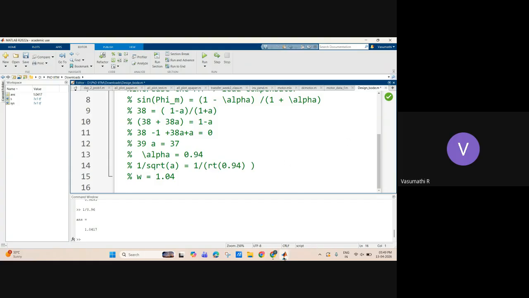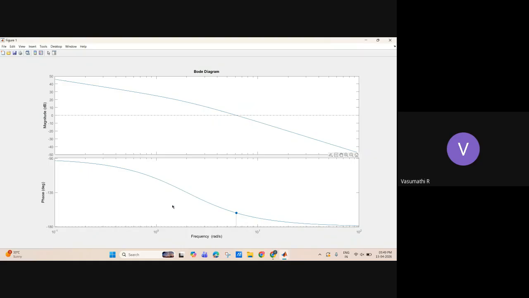So if I plot this Bode plot and find it around frequency one, it's coming around six radians per second.